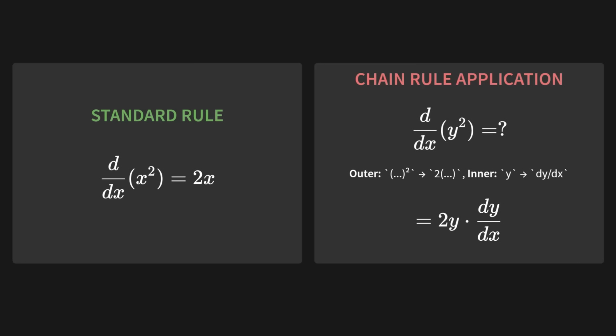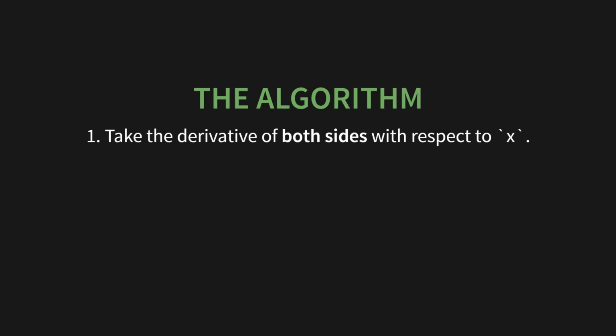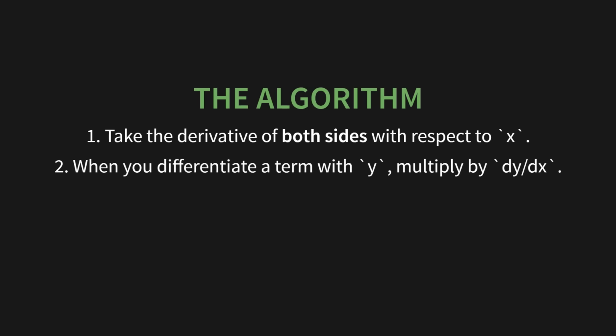That's it. That is the entire hack. Every time you differentiate a term with y, you do it normally, and then you must multiply by dy over dx because of the chain rule. Here's the algorithm. It's 4 simple steps. 1. Take the derivative of both sides of the equation with respect to x. 2.